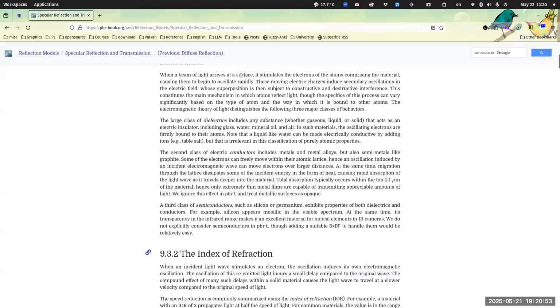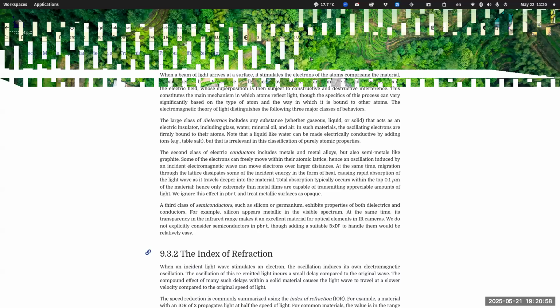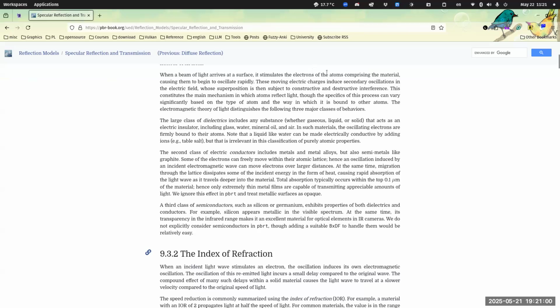When a beam of light arrives at the surface, it stimulates the electrons in the atoms, causing them to begin to oscillate rapidly. These moving electron charges induce secondary oscillation in the electric field, whose superposition is then subject to constructive and destructive interference.